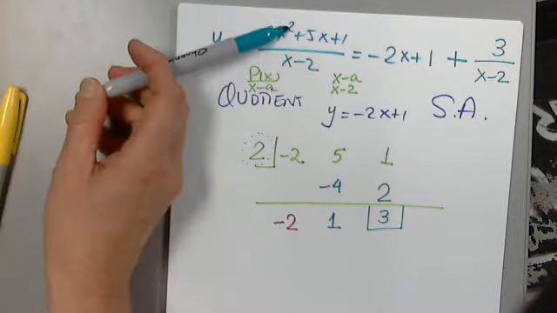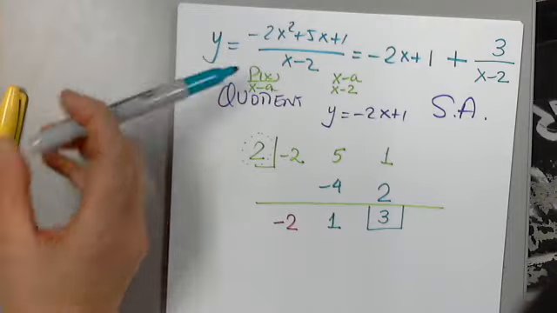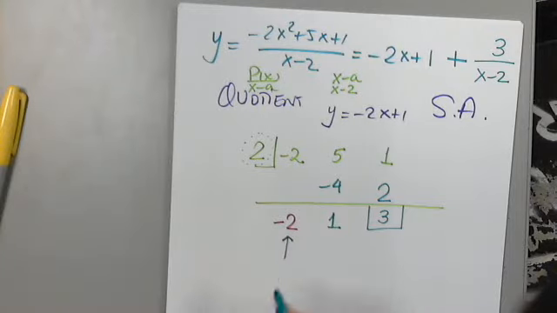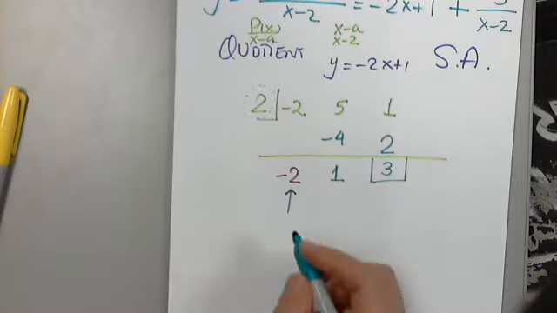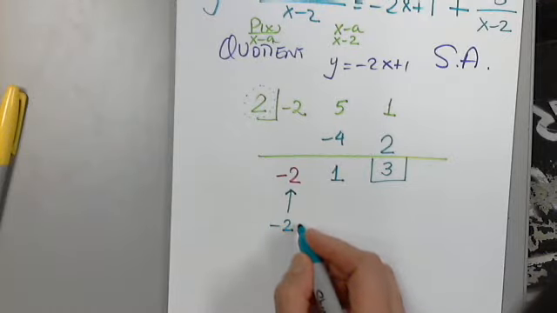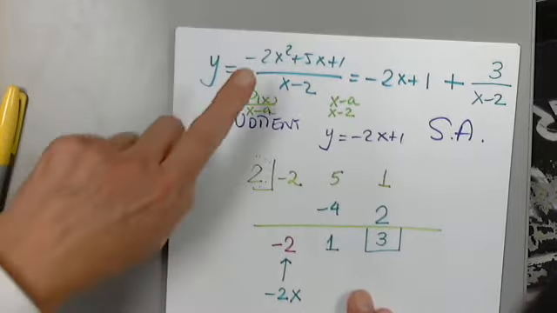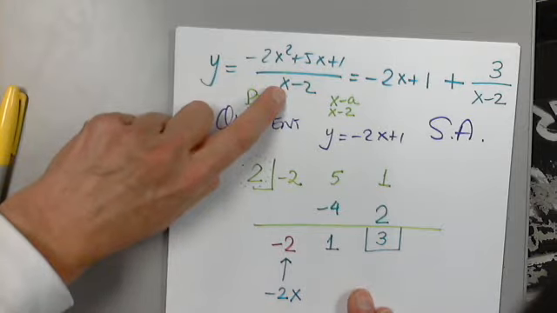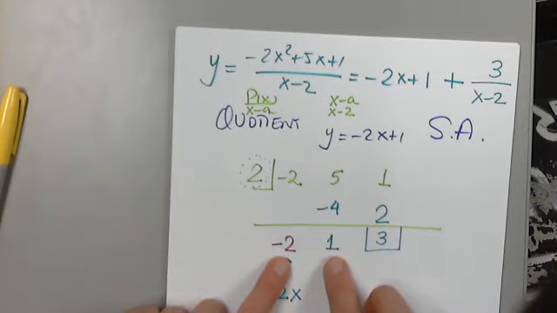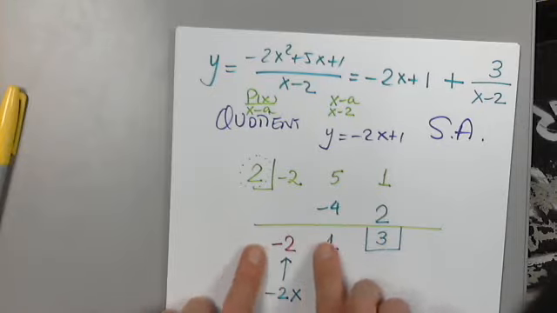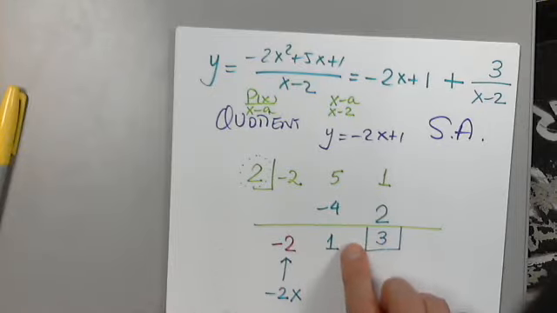Remember, we divided degree 2 by degree 1. So this coefficient will be the coefficient of which term? Negative 2, we divided x squared by x. And there are only 2 terms. If there are only 2 terms, it must be linear. If I have 3 terms, it will be quadratic.